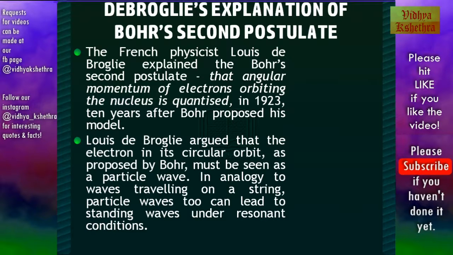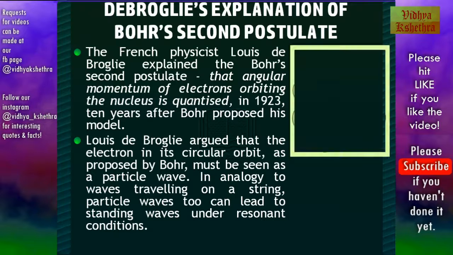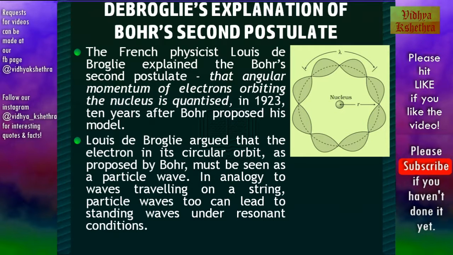Louis de Broglie argued that the electron in its circular orbit, as proposed by Bohr, must be seen as a particle wave. In analogy to waves traveling on a string, particle waves too can lead to standing waves under resonant conditions. And this is as shown in this figure.